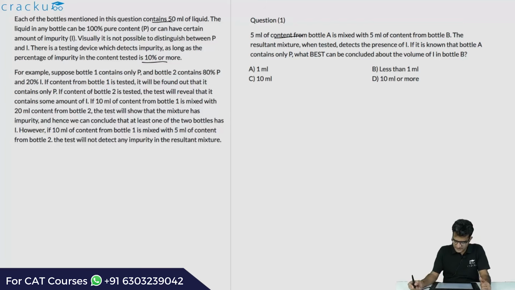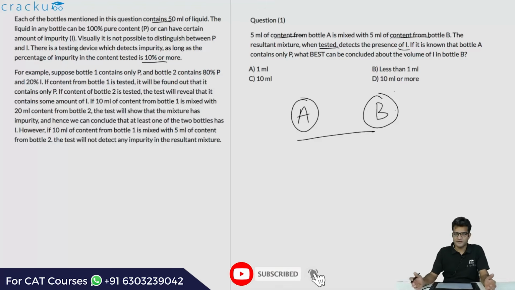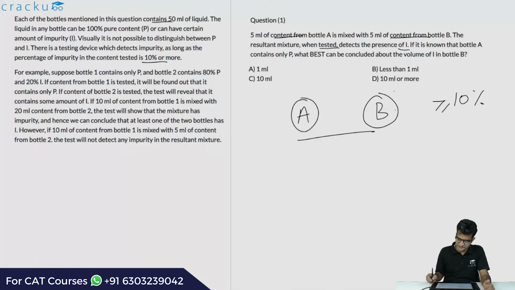5 ml of content from bottle A is mixed with 5 ml of content from bottle B. So A and B have equal content, both of them are mixed. The resultant mixture when tested detects the presence of impurity. This would imply that the overall percentage of impurity when both of them are mixed in equal proportion is greater than or equal to 10%. It is known that A contains only P, or the percentage of impurity in A is 0%.